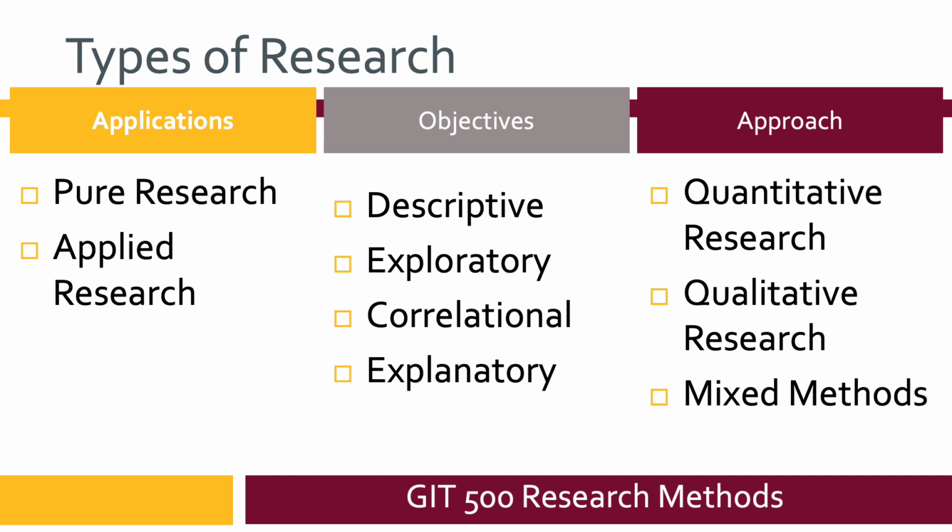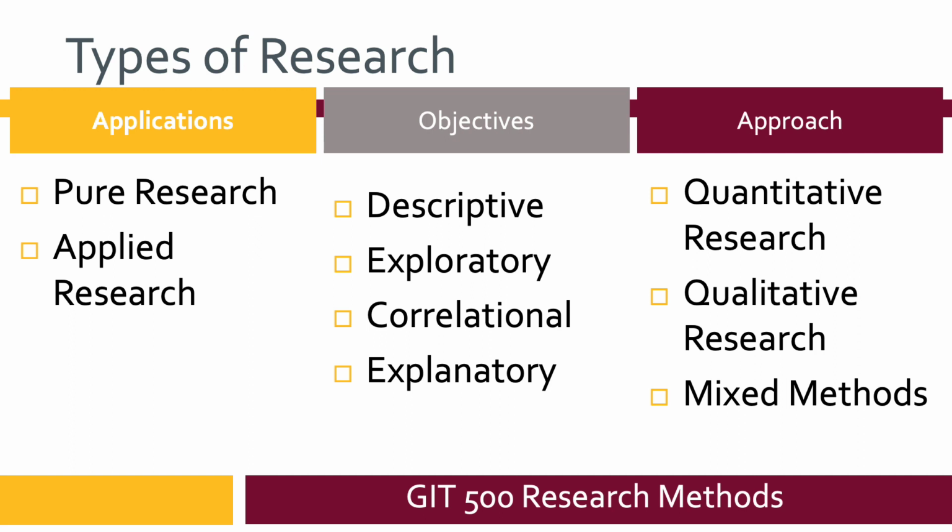So research can be descriptive, and that's basically you're doing research to find out about something, right? So you get a description of that situation or product or whatever it is you're researching. Exploratory is just kind of finding out about different things, right?